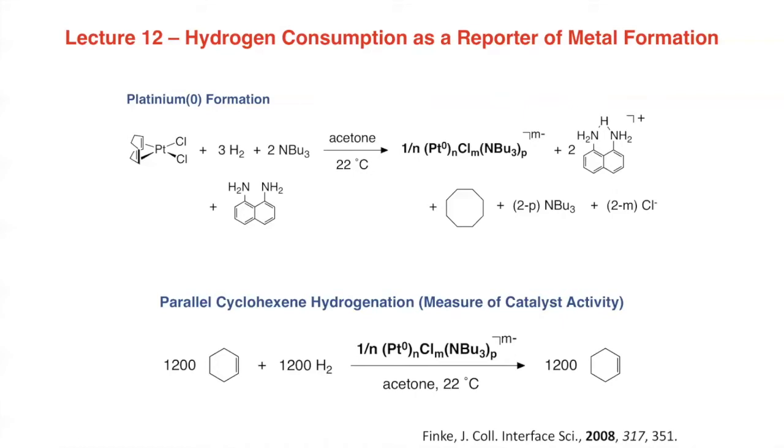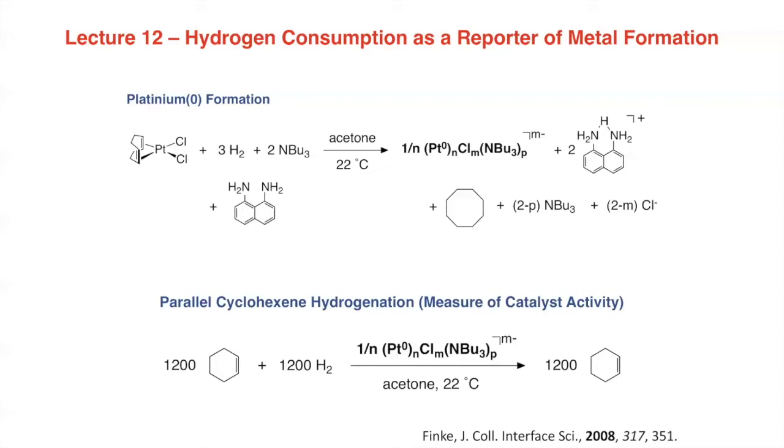At the same time, in the presence of hydrogen, you convert the cyclooctadiene to cyclooctane. So you hydrogenate olefins with the hydrogen, and the platinum zero particles that form turn out to be quite good at that reaction. They pick up hydrogen, you make platinum hydrides on the surface, for example, and those convert the cyclooctadiene into cyclooctane.